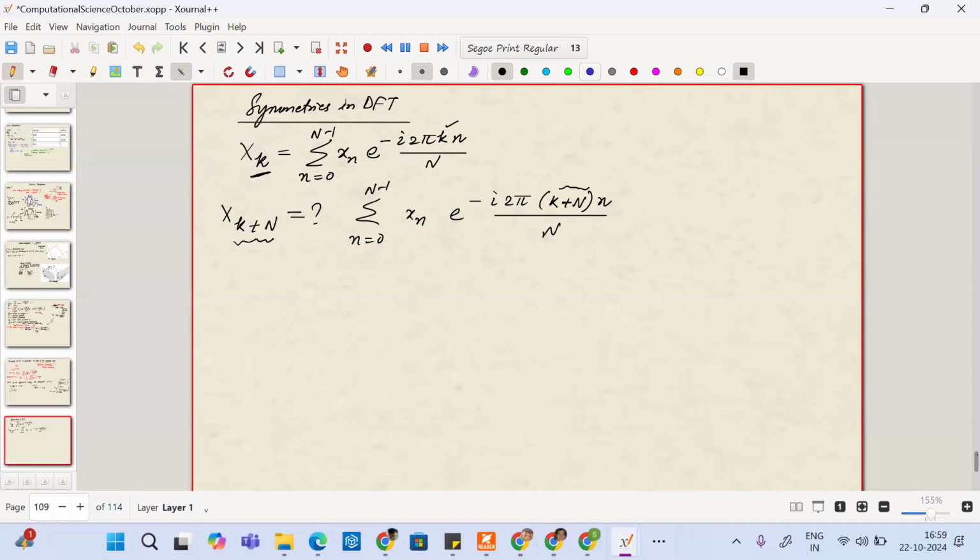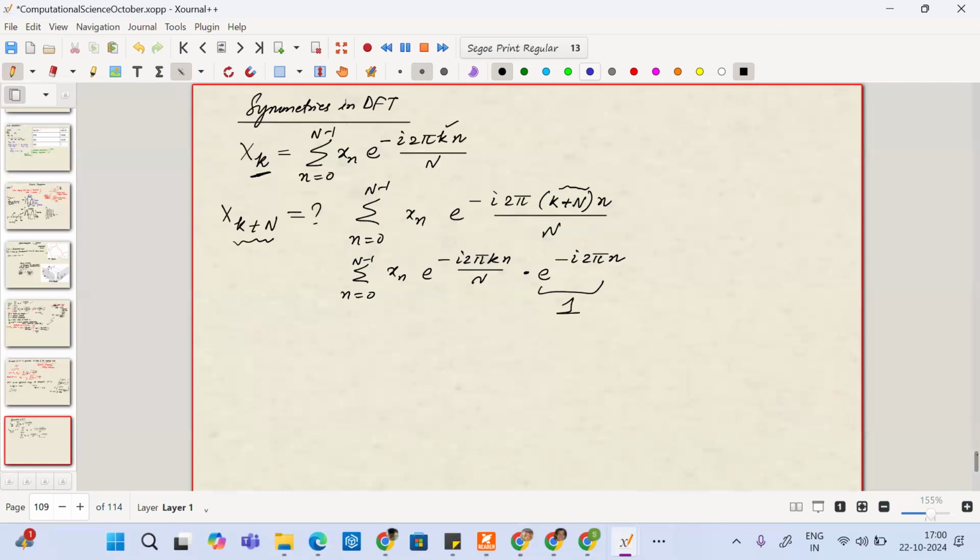A lot of things will be simplified. Tell me. Can you see that I can write it in terms of 2 pi kn by capital N multiplied by e to the power minus i 2 pi n? Agreed?